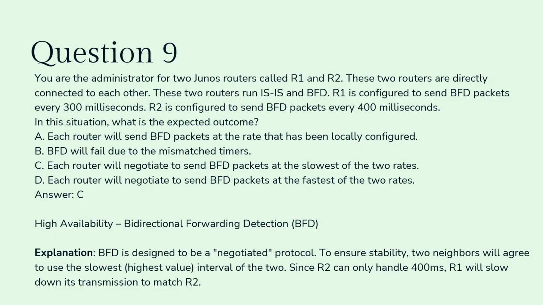Answer: C. High availability, bidirectional forwarding detection, BFD. Explanation: BFD is designed to be a negotiated protocol. To ensure stability, 2 neighbors will agree to use the slowest, highest value interval of the 2. Since R2 can only handle 400 milliseconds, R1 will slow down its transmission to match R2.